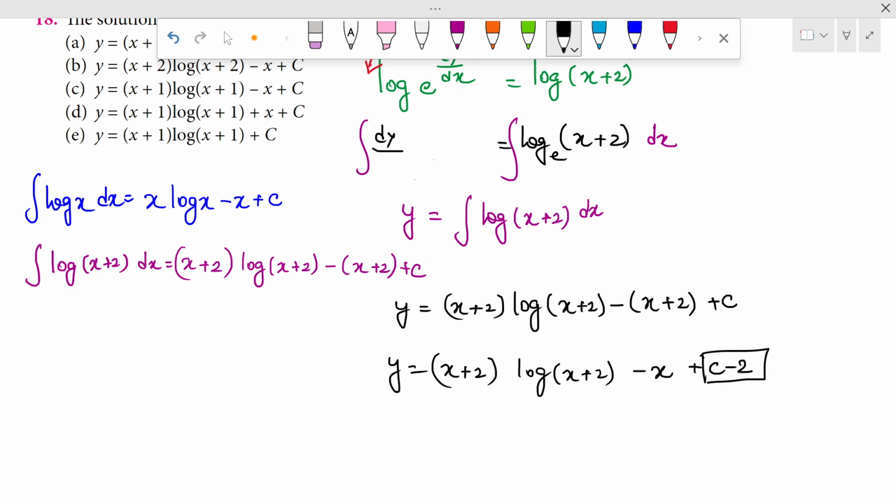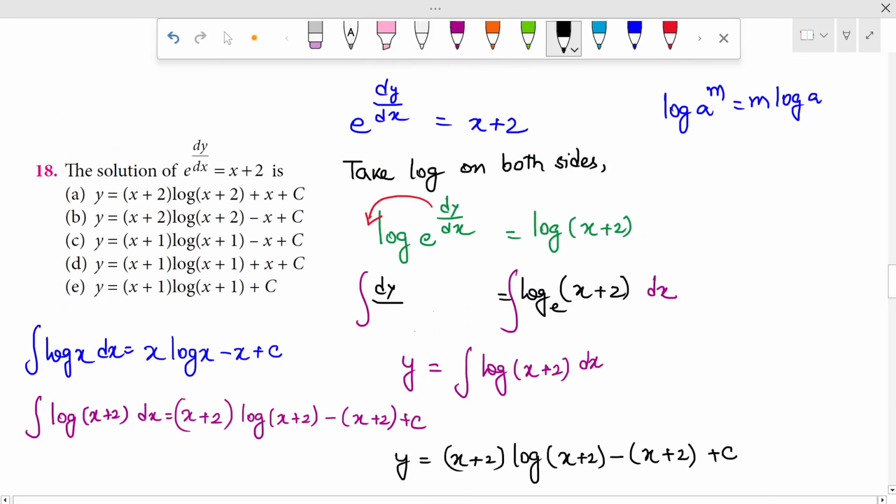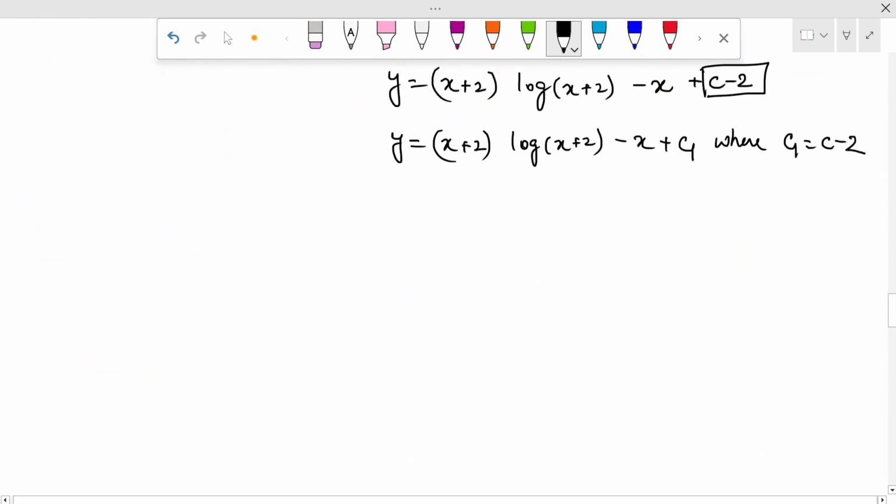This is again a constant, so I can name this as c1. So I have the final answer as x plus 2 log x plus 2 minus x plus c1, where my c1 is c minus 2. Let's check the options. So the option B is the correct answer, right? So option B is the correct answer.